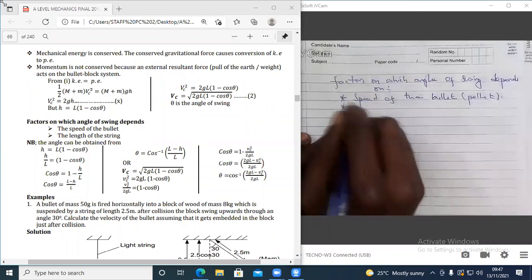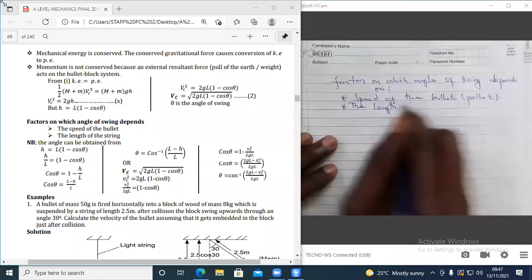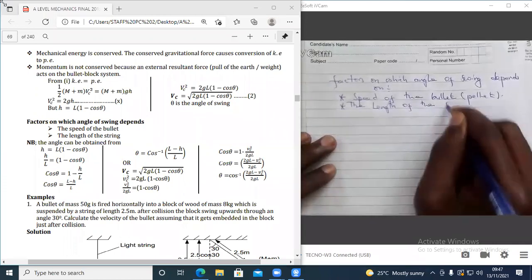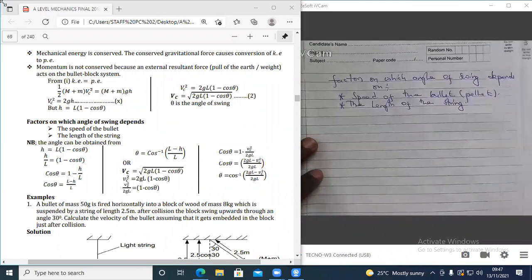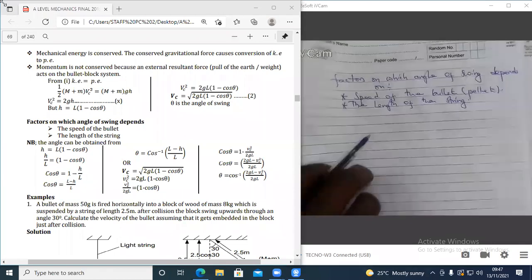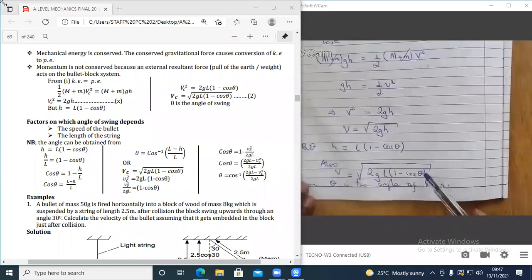Then the second one is the length L, the length of the string. So members, I don't need to derive this again. I think from here you can find the angle. Take note of them also.